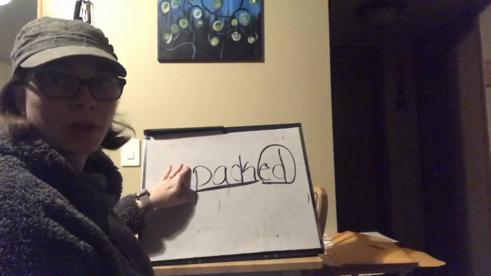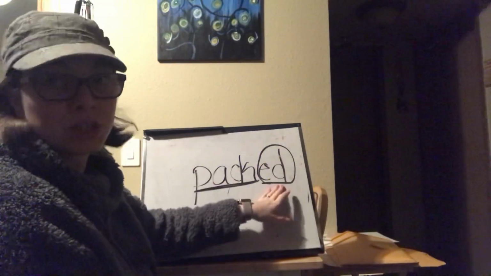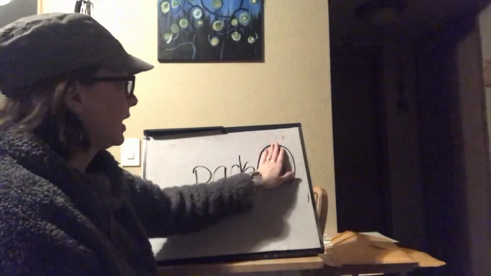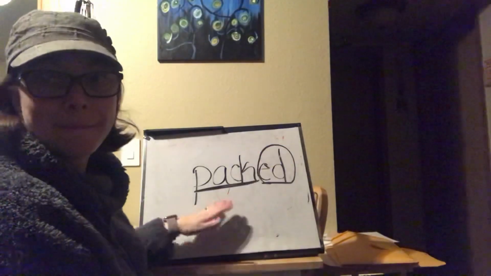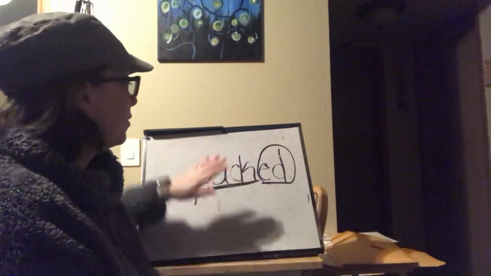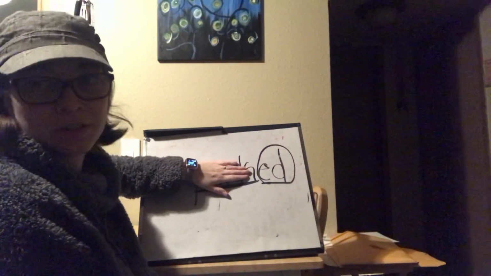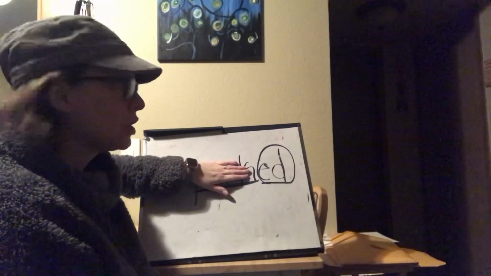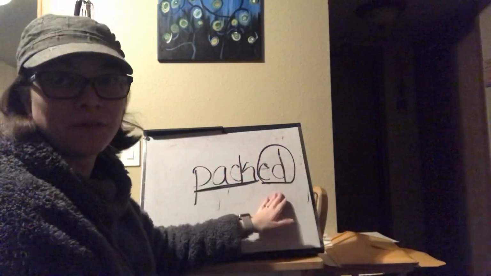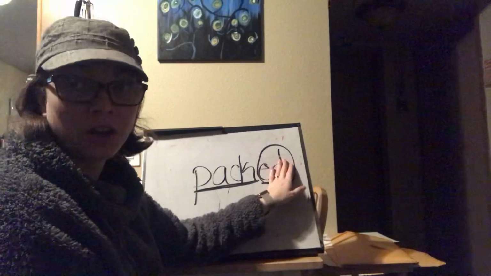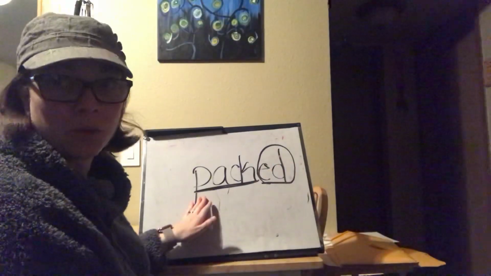It's the word that we're adding the suffix to. So if I were to take the ed off, I have the word pack. If I were to take the word pack off, I have ed, which is not a word, it's just a suffix. So that's how you know if there's a suffix on it. If you take it off, then you would have a word left.